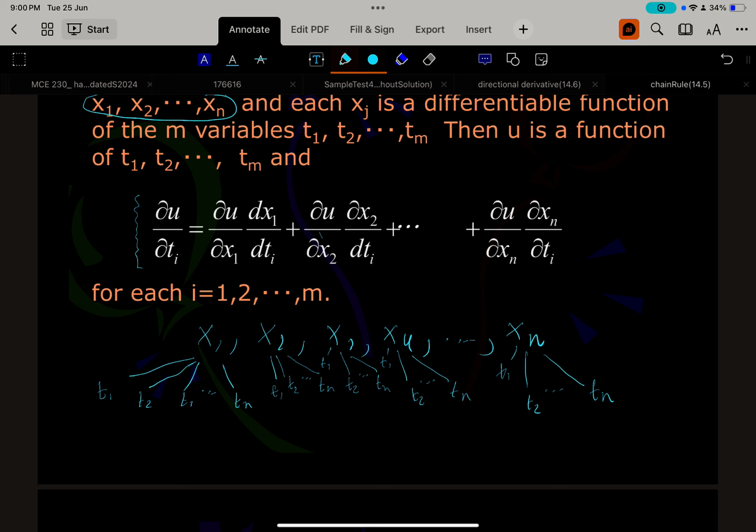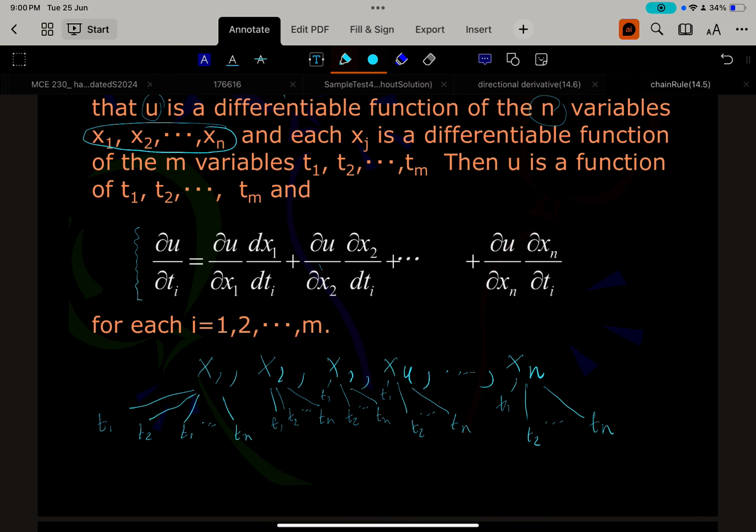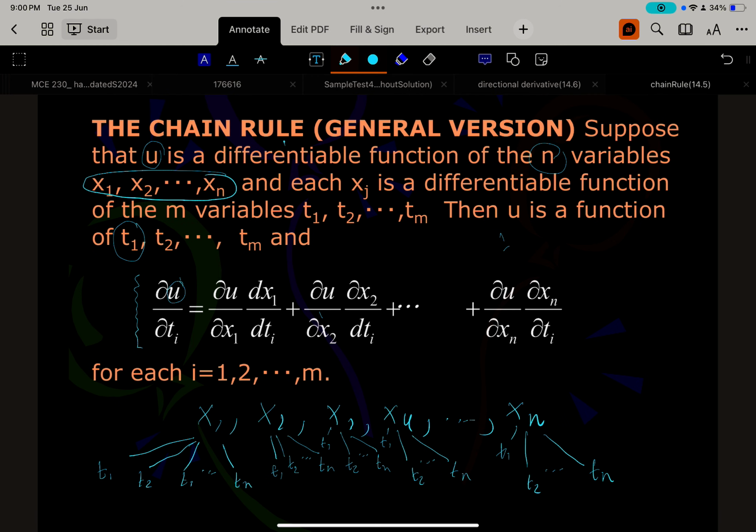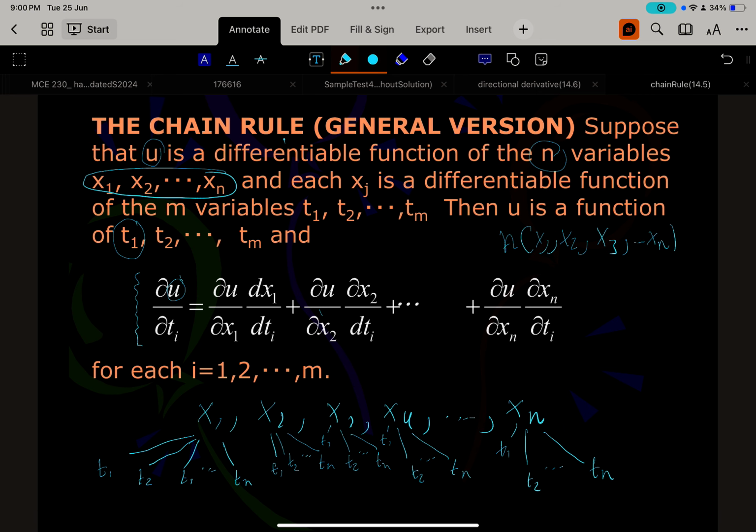So it's basically what we used to do if we want to find the partial derivative of the function u with respect to one of the variables that are not included in the function itself but are included in functions of the functions. So u is a function of x1, x2, x3 up to xn, but not a function of t1. But these little functions, the x's, are functions of the t's, t1, t2, t3.